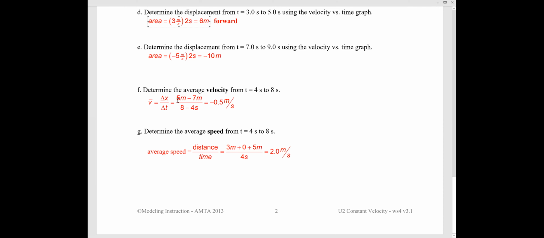And so I approached it more as the definition of average velocity is change in position over change in time. And its final position was 5 meters. Its initial position was 7. So that's a -2 meter change in 4 seconds. And so the end result's the same, whichever approach you take. And then for this one, I did it just like it was demonstrated, the different movements in those seconds. It moved 3 meters in 0, then 5.